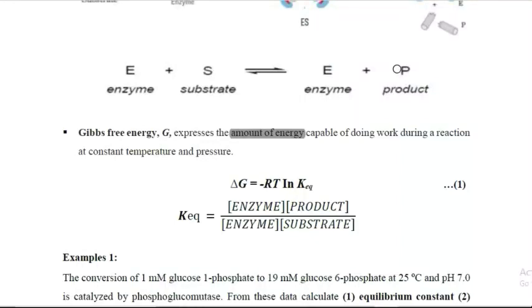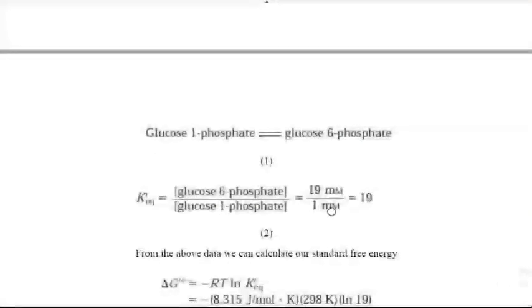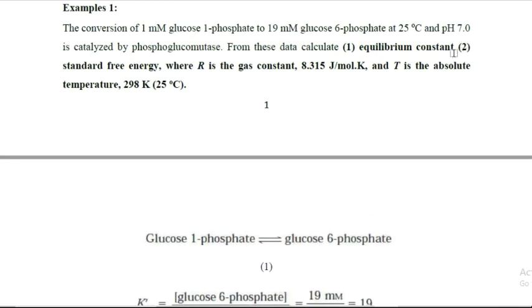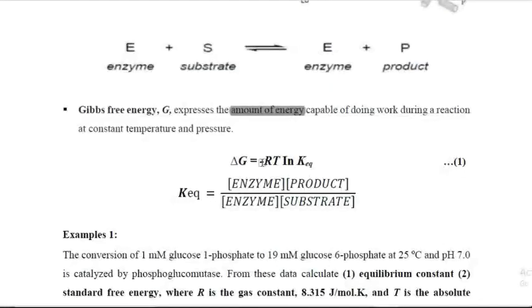Now as you can see, the problem asks that we should find the equilibrium constant and the free energy. Now you can see the reaction below. So this leads us to the equation below. That's the equation of delta G, which is the free energy, and KEQ, which is the equilibrium constant.